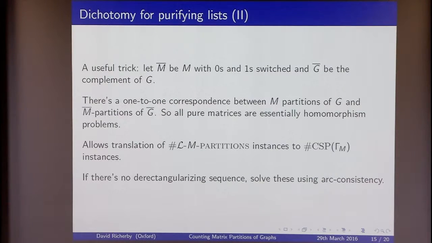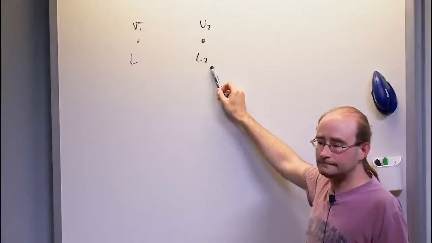Okay. So if you look at the list applied to, so we've got vertices V1 and V2 with lists L1 and L2.